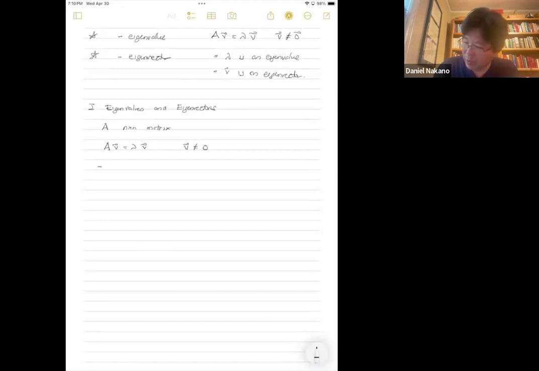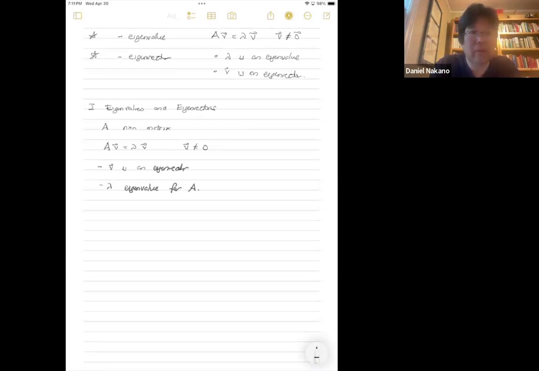As I mentioned before, V is called an eigenvector, and lambda is an eigenvalue for A. V is an eigenvector with corresponding eigenvalue lambda.